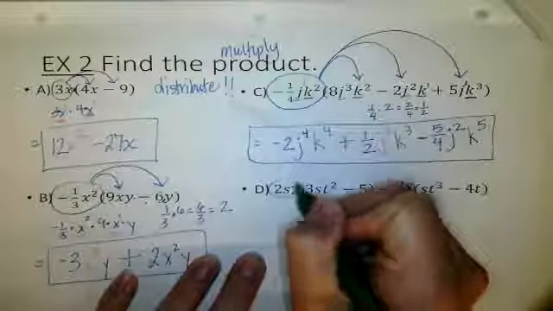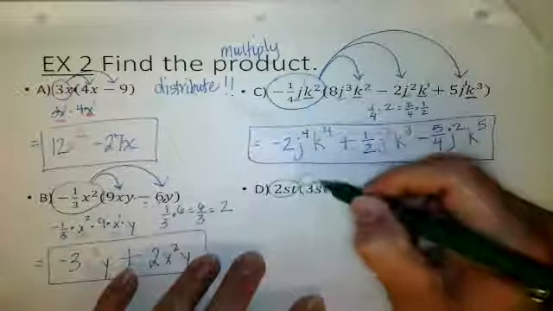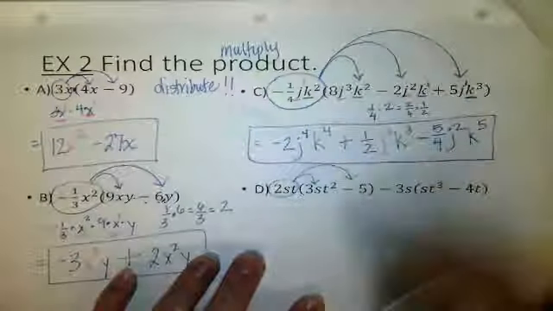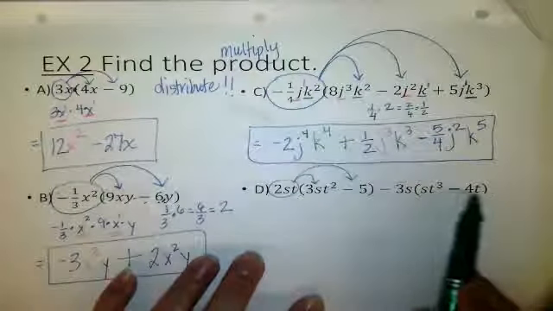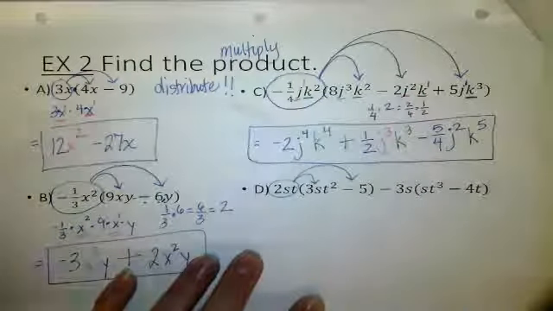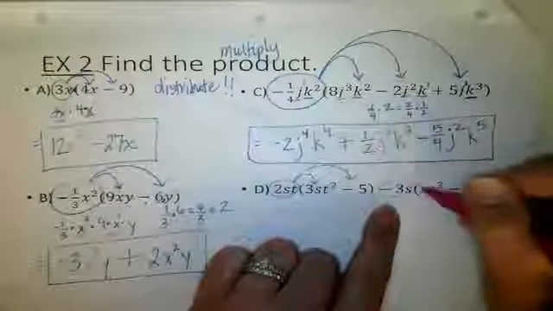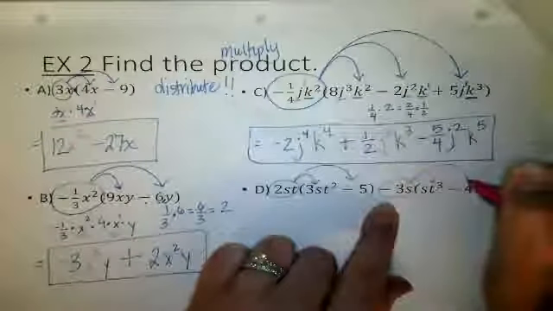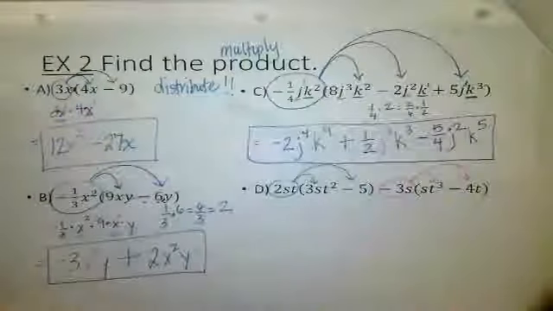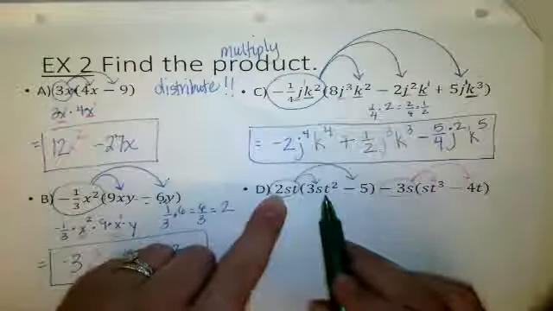Good job. I'm going to distribute the 2st. Do I distribute the 2st way over here? No. Okay. So we have two things to distribute. We're also going to distribute the negative 3s to both terms here inside the parentheses, but we'll do that in a second. What is 2st times 3st squared?